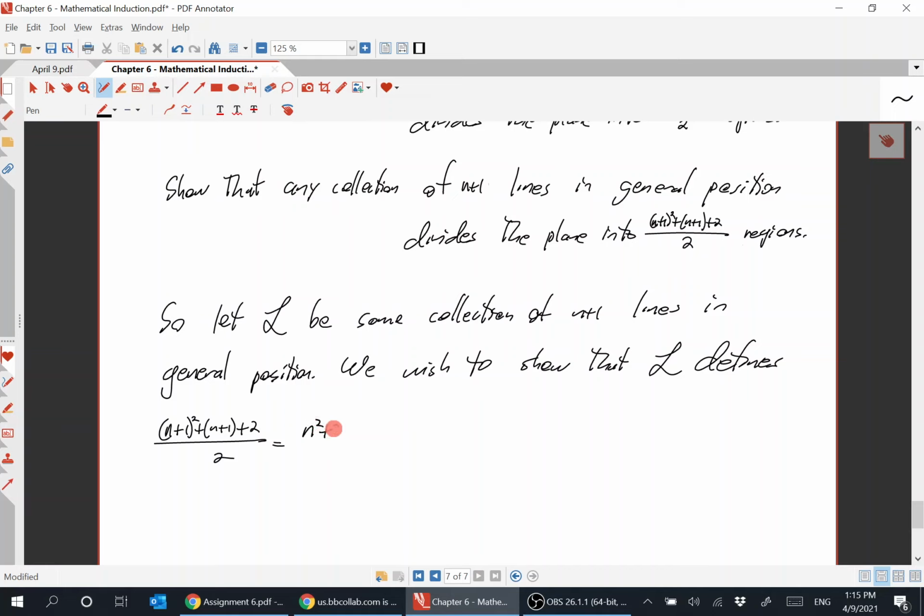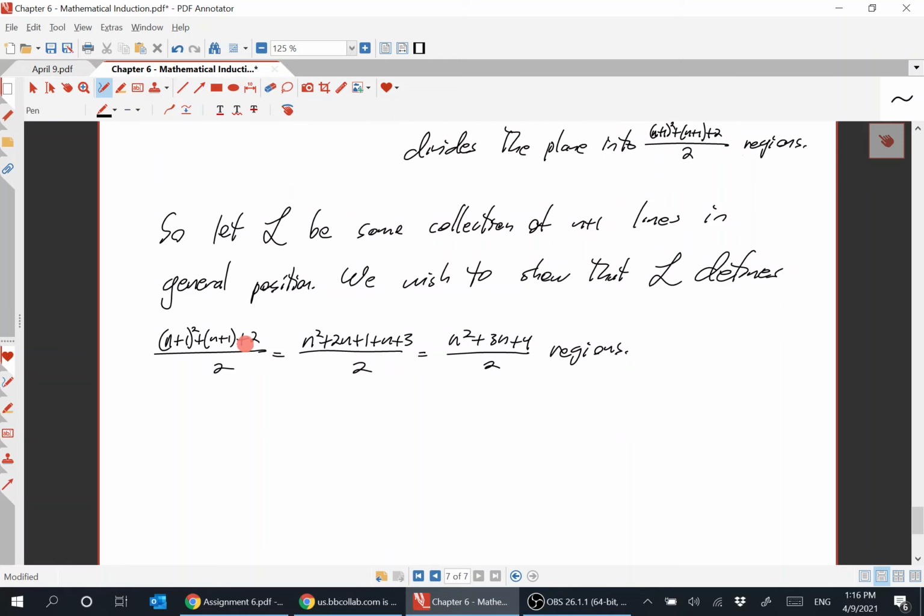So that's n squared plus 2n plus 1 plus n plus 1 plus 2 over 2, which is equal to n squared plus 3n plus 4 over 2 regions. So let's just simplify that expression and write it like that.